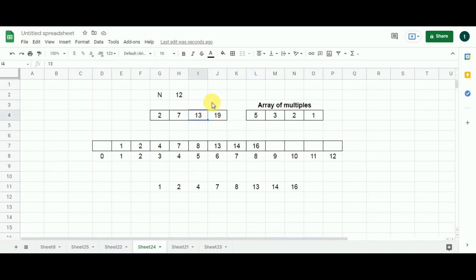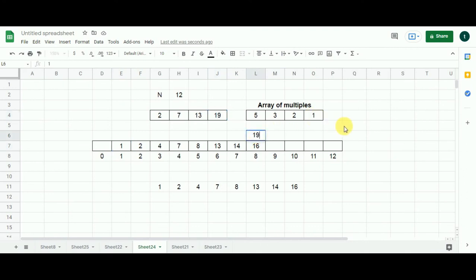13 over here will be multiplied with the number at index 2, which is 2. So 13 multiplied by 2 is going to give me 26, which is also greater than 16. Hence 26 gets removed and 16 stays. Now 19 will be multiplied by 1 because we have the index over here is 1.